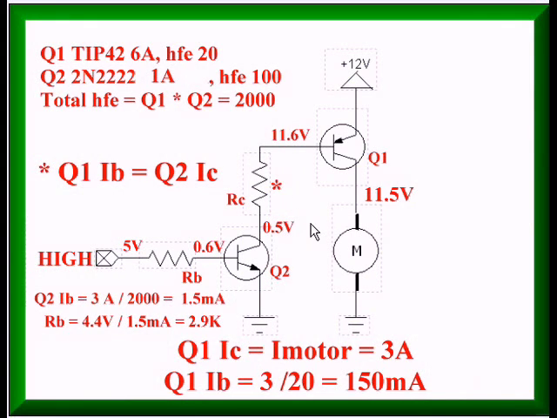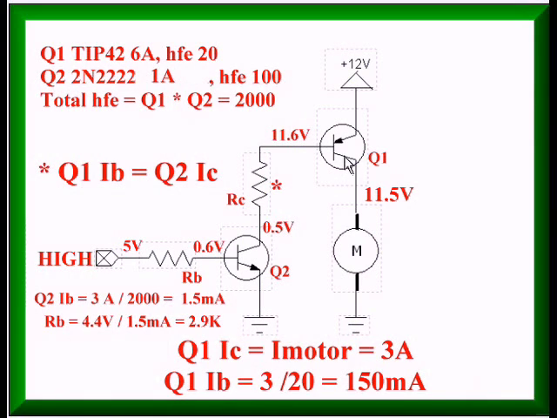To reiterate, the way this circuit works is I have to get 150 milliamps through the emitter base junction of Q1. I'm going to use this 2N2222 acting as a transistor switch instead of a push button switch.